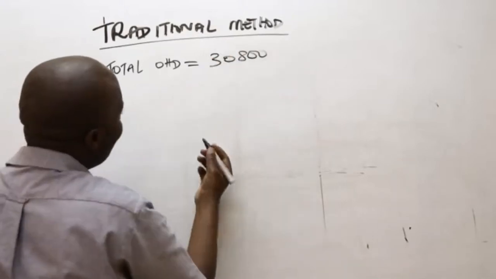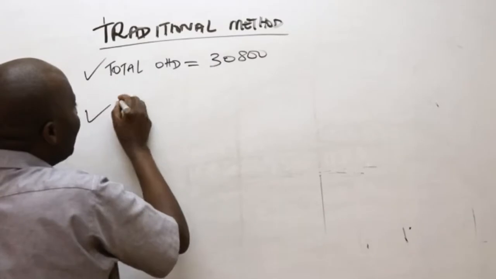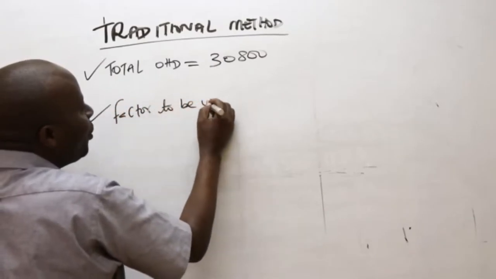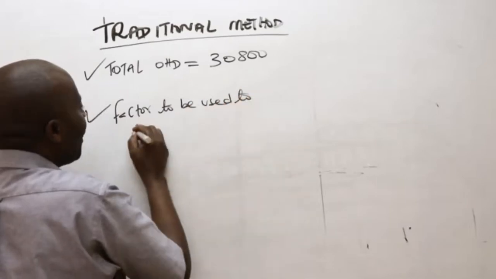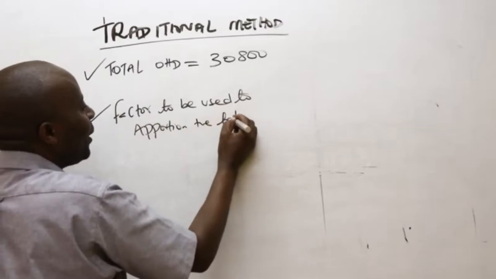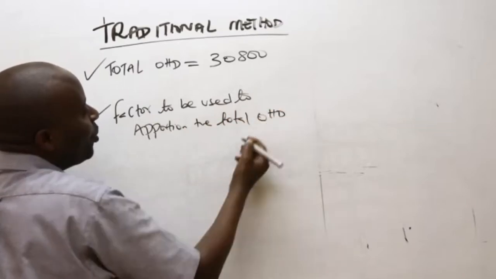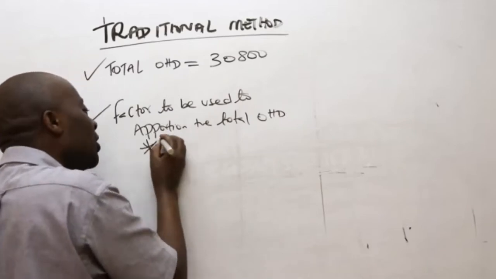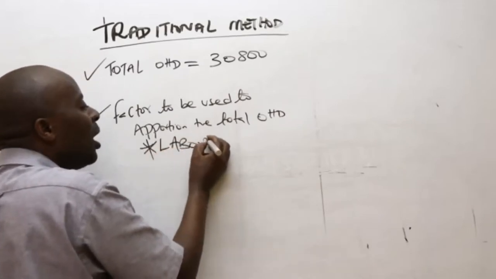And then I'll need the factor to be used to apportion the total overhead. That factor, they have told us in the question, is labor hours.